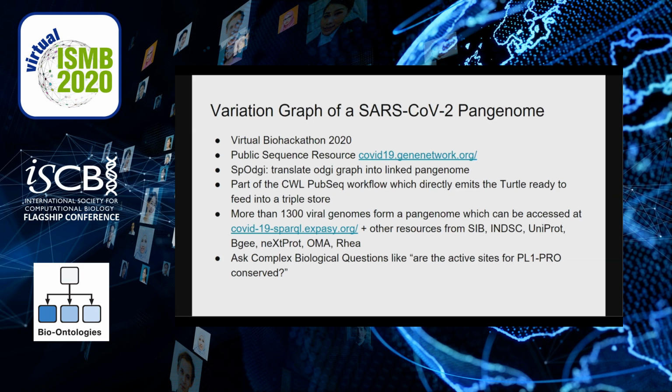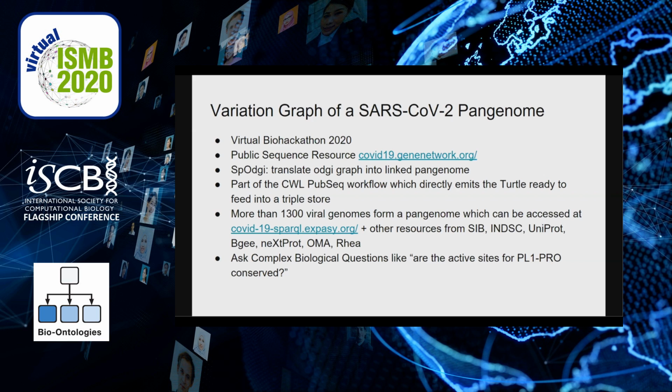The PubSeq resource currently hosts a triple store of more than 1,300 viral genomes, together with other resources from INSDC, UniProt, Bgee, neXtProt, OMA, and Rhea. So you can ask complex biological questions like, are the active sites for PL1Pro conserved?